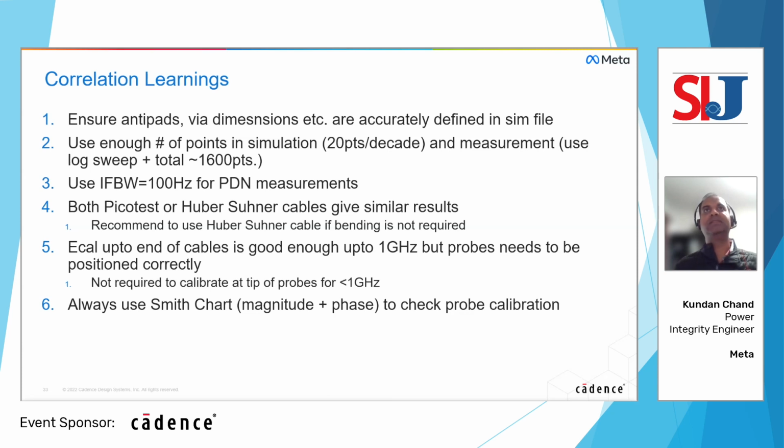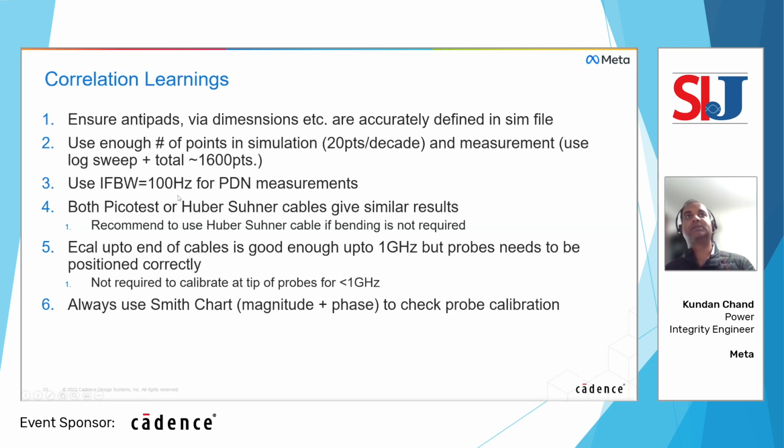Use enough number of points in simulation. We already saw fewer points can cause some artifacts in the measurement, and always use a log sweep to enable better lower frequency PDN measurement. For the VNA, always use an IF bandwidth of 100 Hz.